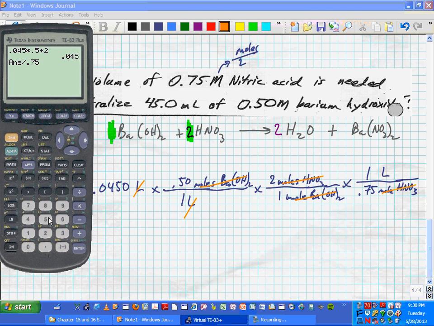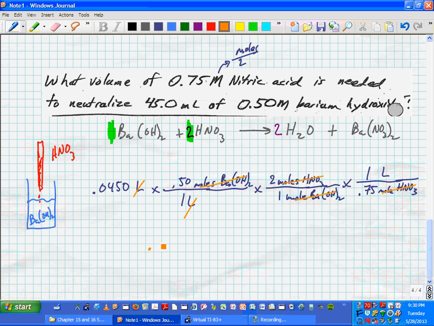Hopefully you guys are following along with your calculators and coming up with the same numbers. So I get 0.06 liters, which is the same as 60. I need a 0 on there because it's sig figs. Decimal point, milliliters HNO3, boom, done.